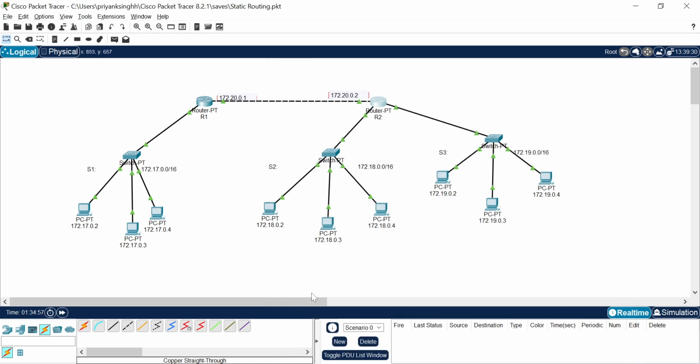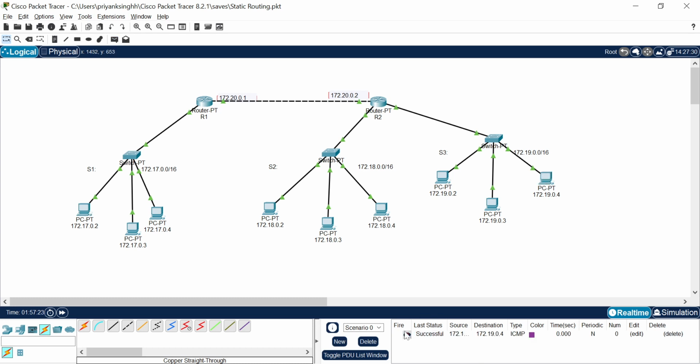Now I have to test my connectivity over here, whether I am able to communicate between these different networks or not. First of all, I press the forward button 5 to 10 times so that all tables get populated. Now I will test my connectivity. Let's select a simple PDU over here. Select the first PC over here and the last PC over there.